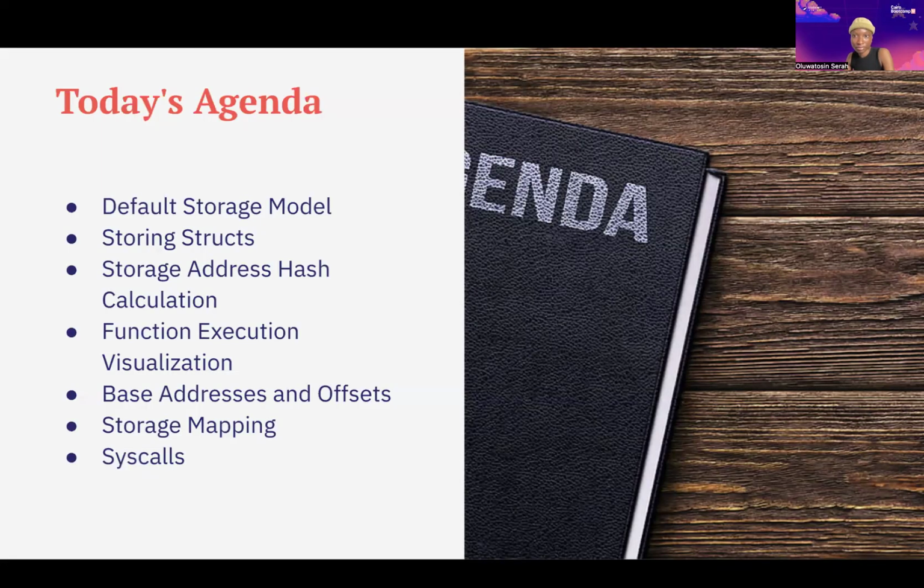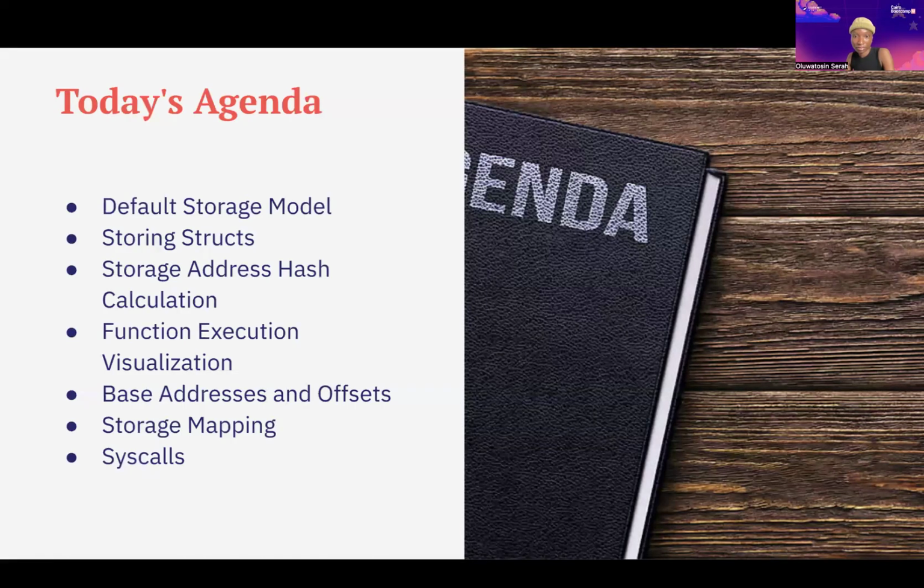Because like I said last week, once you start writing smart contracts in Cairo, understanding how the storage model works very deeply helps you design very efficient smart contracts, which first of all don't waste space, and second of all are optimized, so that you can use as low gas fees as possible.